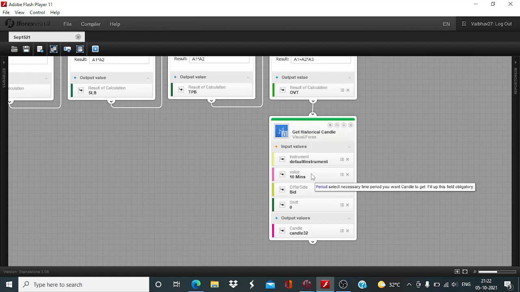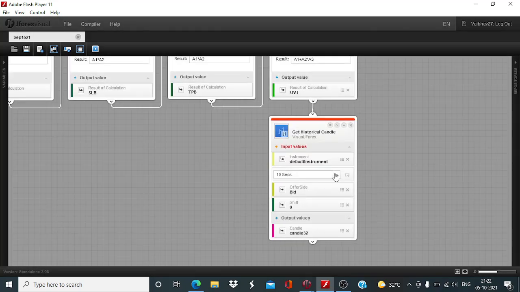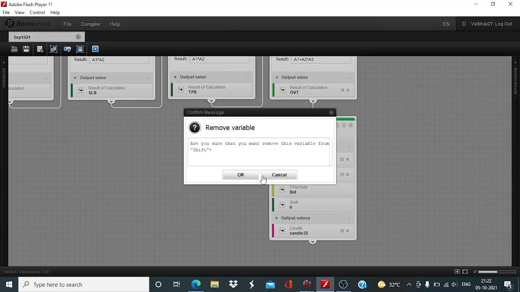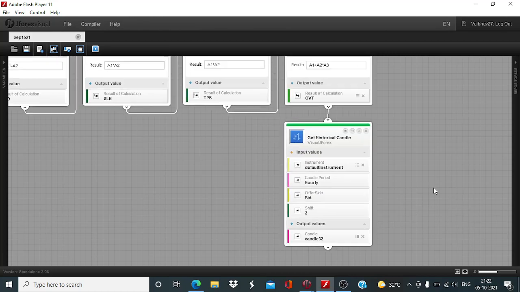Okay, so here it is, and this is going to be changed to hourly, shift value of 2.